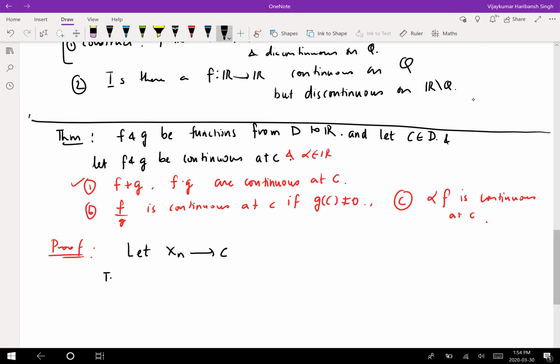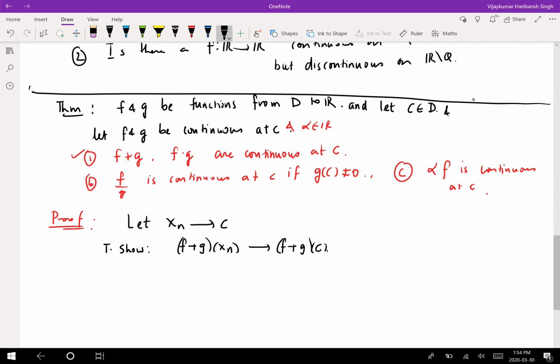To show that f plus g of xn converges to f plus g of C, right? So we start with any sequence xn converging to C. To show that f plus g is continuous, you have to show that f plus g of xn converges to f plus g of C.